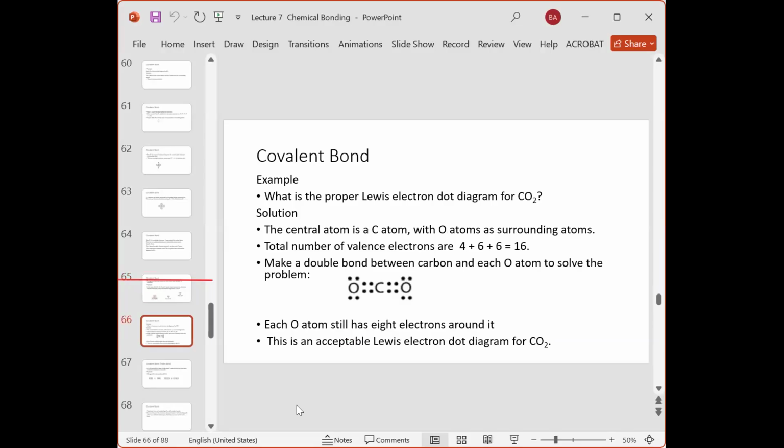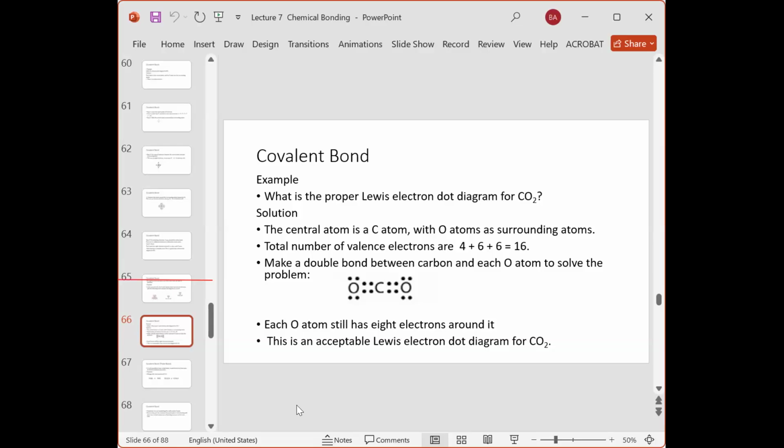Now, what is the Lewis electron dot diagram for carbon dioxide, CO2? Solution: the central atom is a carbon atom with oxygen atoms as surrounding atoms. So the center will be carbon and the oxygen will be surrounding it.